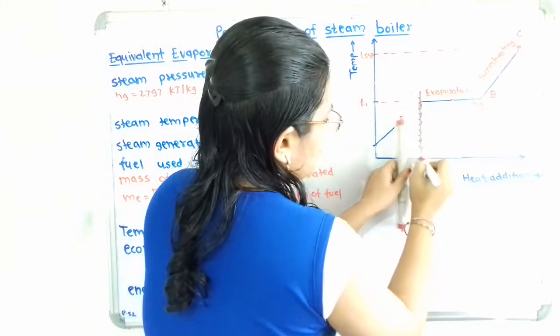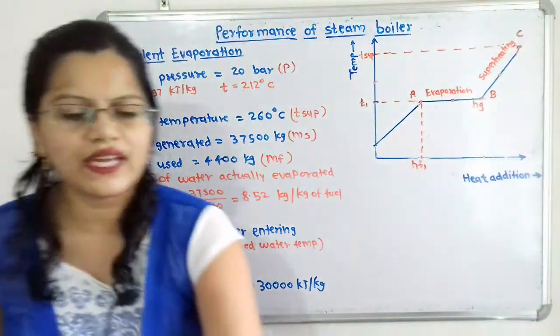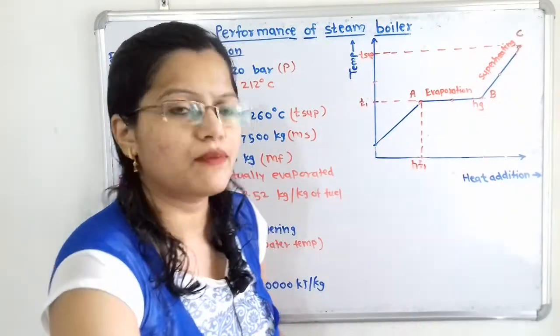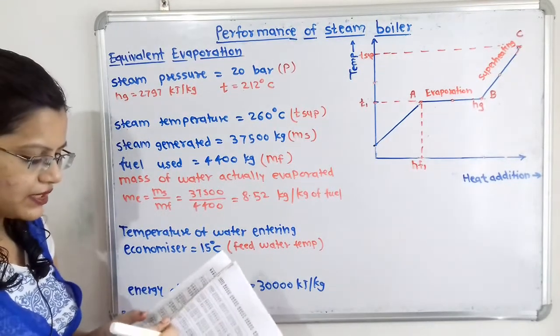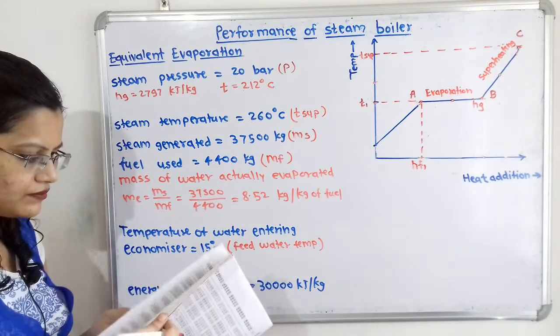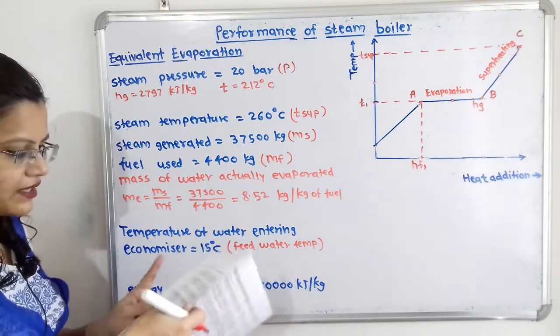So we have to find out the value of HF1. We can find this value with the help of the steam table. We have to refer to the temperature table for 15 degrees Celsius.